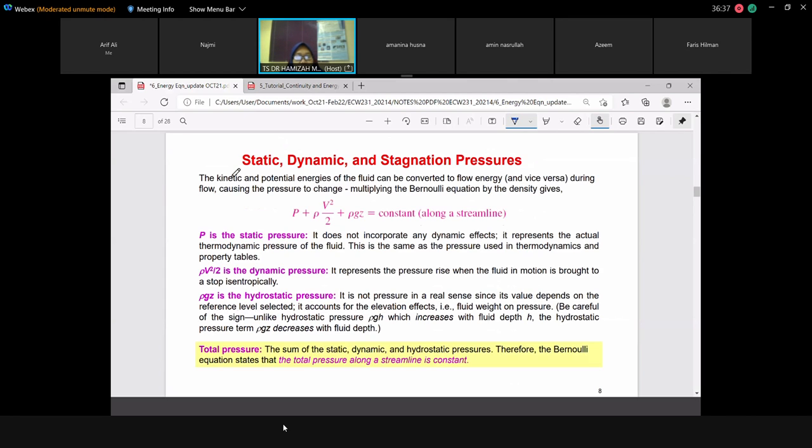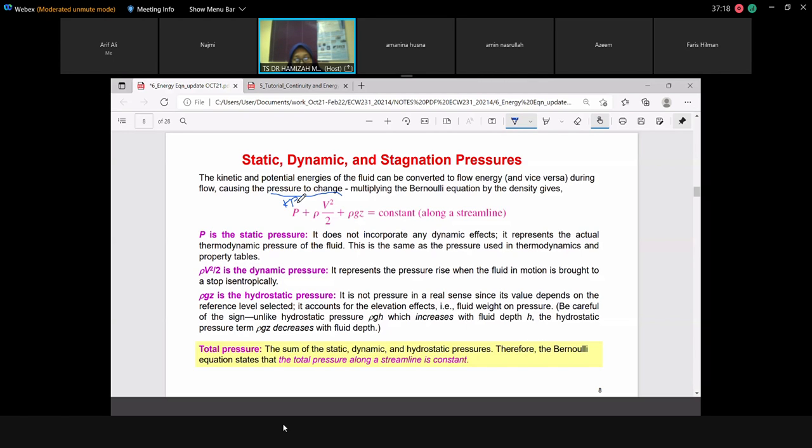When we convert to flow energy, it causes the pressure to change, because the fluid changes condition and position. Multiplying the Bernoulli equation by the density gives the following. The first term represents the pressure energy. This is in units of kilopascal, because it is not divided by rho g.